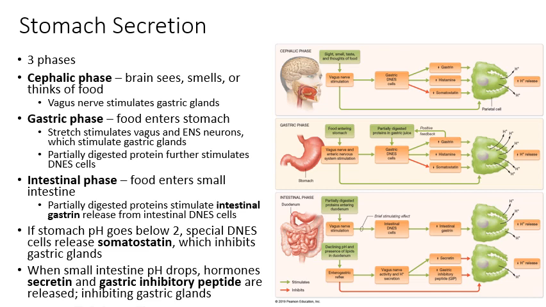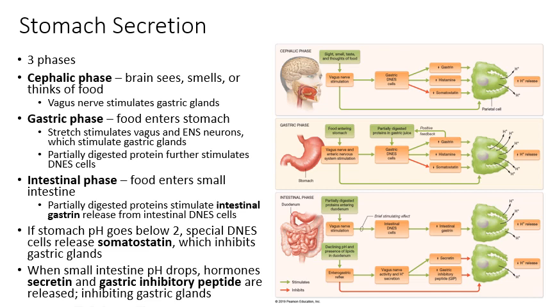So once the pH of the small intestine drops because you had some gastric juice enter it, then you're going to have the DNES cells there releasing secretin and gastric inhibitory peptide, and stomach acid secretion is going to stop in the stomach. That way you don't get even more stomach acid, and you can kind of limit the amount of stomach acid that is entering the small intestine from the stomach.